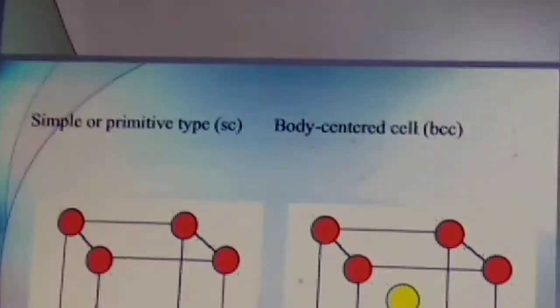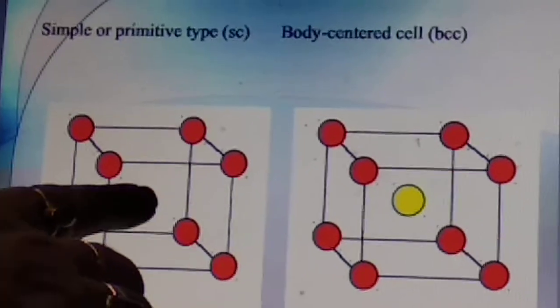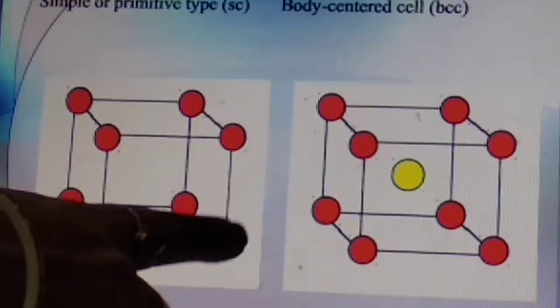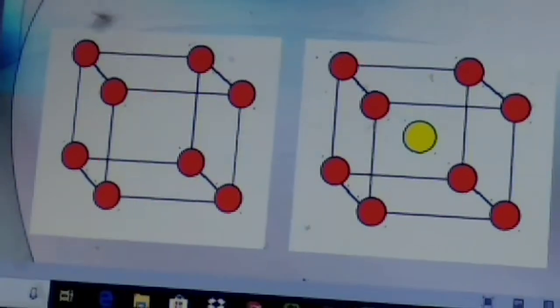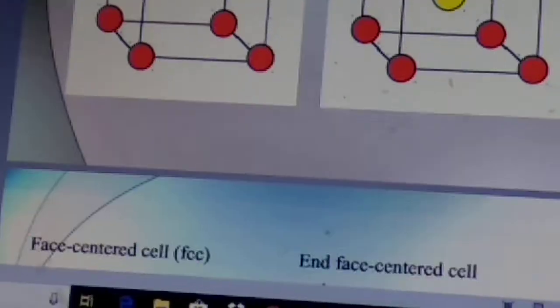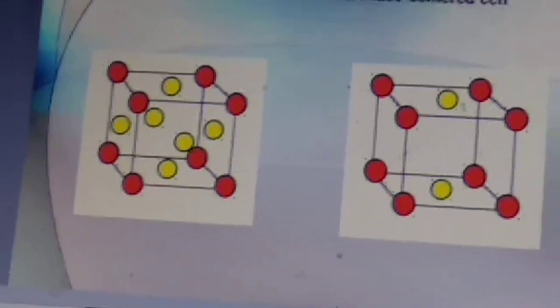Now simple or primitive type, just to see, this is the simple or primitive type. Here the particles are present at the 8 corners: 1, 2, 3, 4, 5, 6, 7, 8. Here the yellow colored particle is present at the body and the corners. There are 8 corners here, so this is the body centered cubic. Now face centered, total 6 faces.